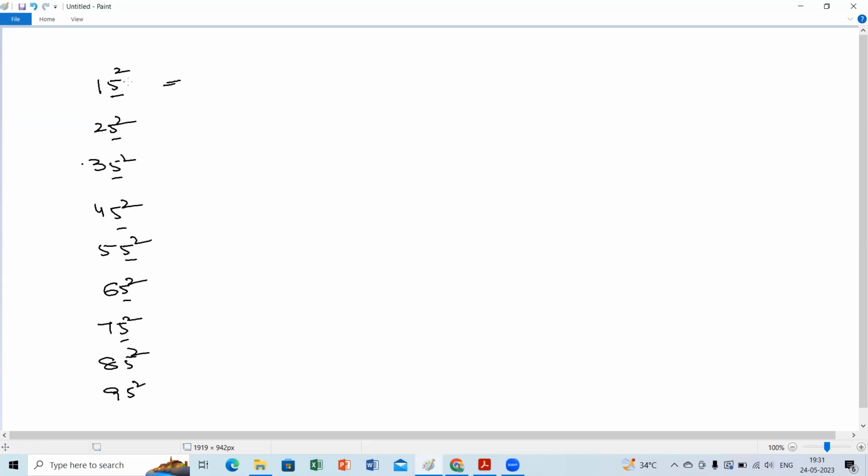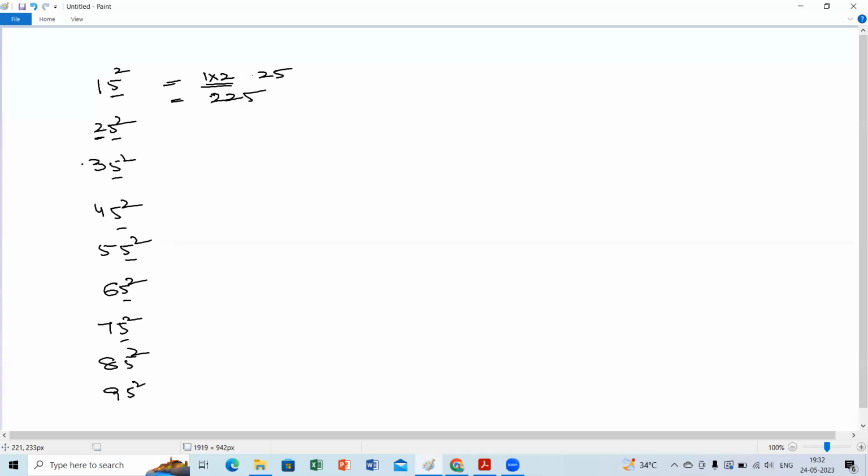What is the first digit here? 1, right? The next number after 1 is 2. 1 twos are 2. Plus 5 square is 25, right? So the complete value of 15 square is 2, 25.